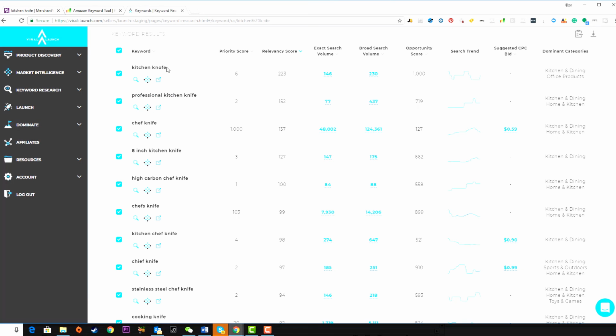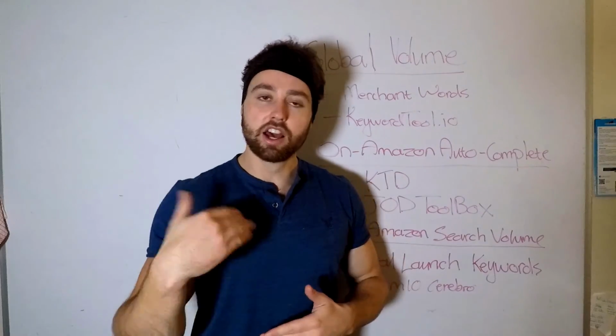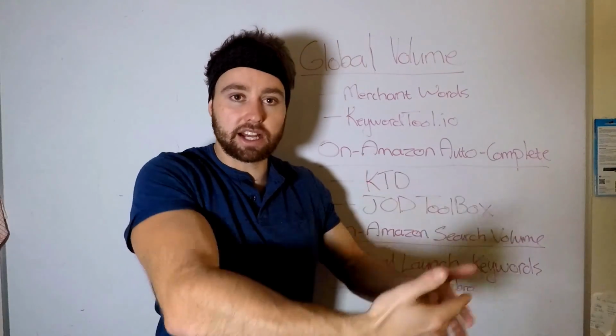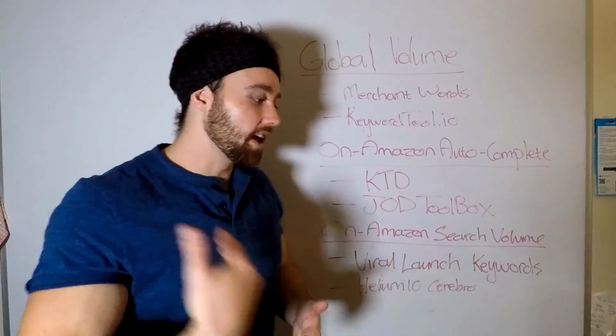And when you do that and you search, it's going to return to you a whole list of different relevant or related keywords, keyword phrases, and it's not very picky in what it returns to you. And I love this because it gives you very good misspell data. There's a lot of excellent misspellings which you do not want to miss. You want to make sure you have those on the back end of your listing. So when customers search incorrectly for the product that they're still searching for, you do show up.